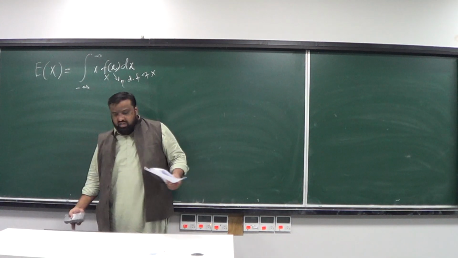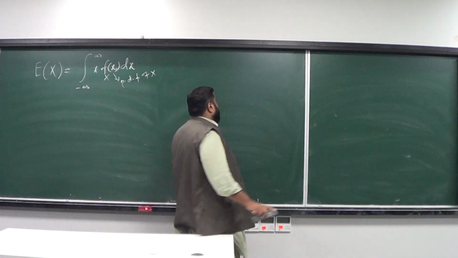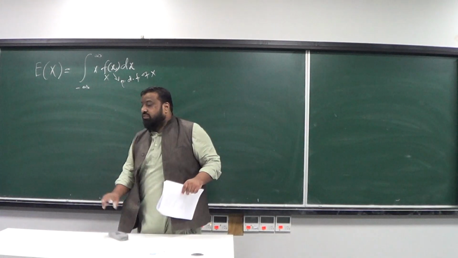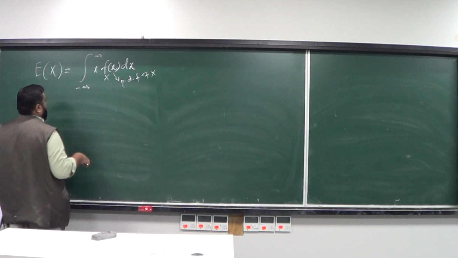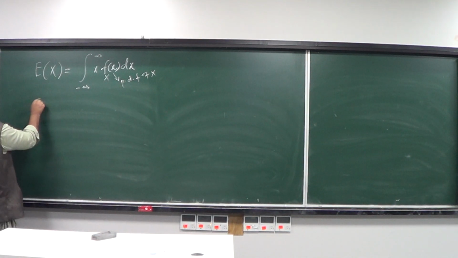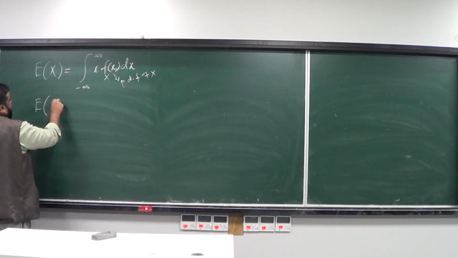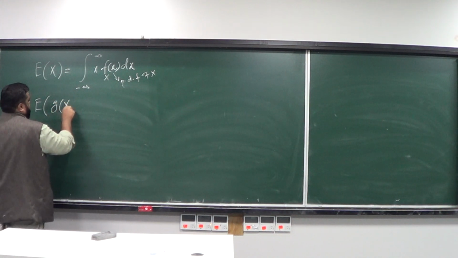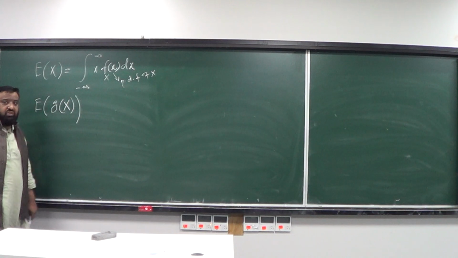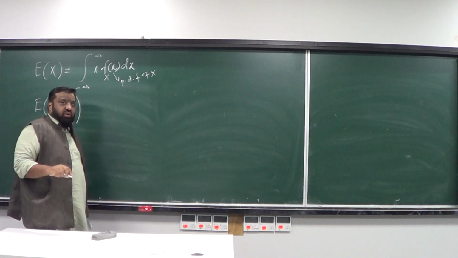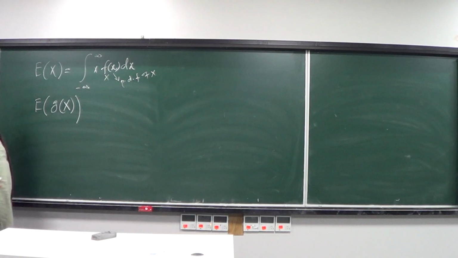What I would like to do today is generalize this notion and compute the expectation of a real valued function of X. So I want to compute the expectation of g(X), where g is a real valued function.